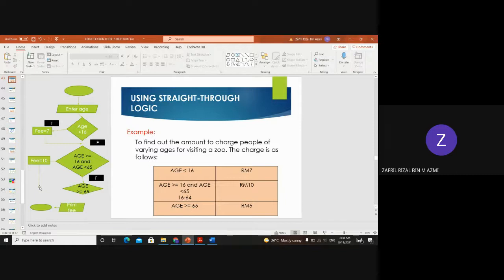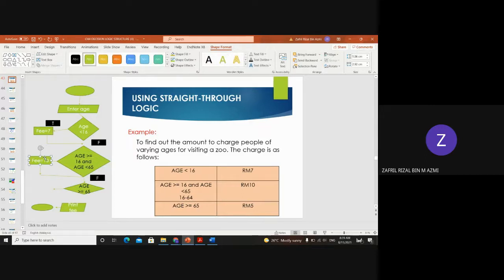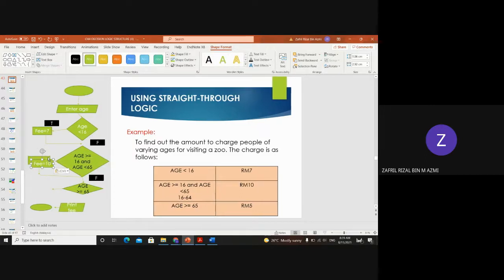Okay, this one, it will re-enter. Although it is true, we re-enter again. Okay. And then this one, it's true. Get the fee, RM5.